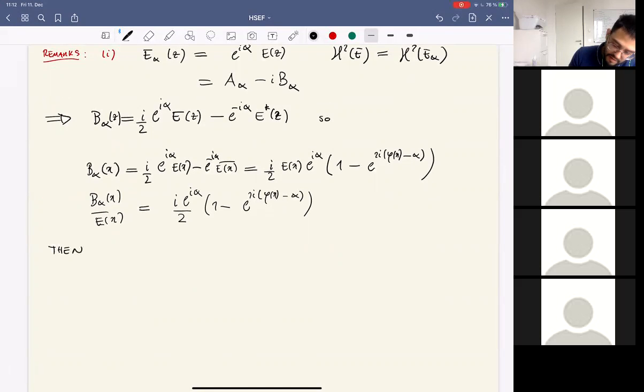we see that phi(x) is congruent to alpha mod pi if and only if B_alpha over E(x) is 0. You can even put e^{iα} here, but anyway.